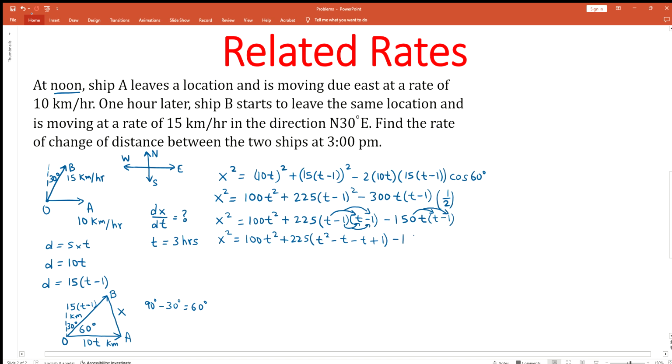I get negative 150t squared plus 150t. We can combine the like terms in the parentheses. Negative t minus t is equal to negative 2t.